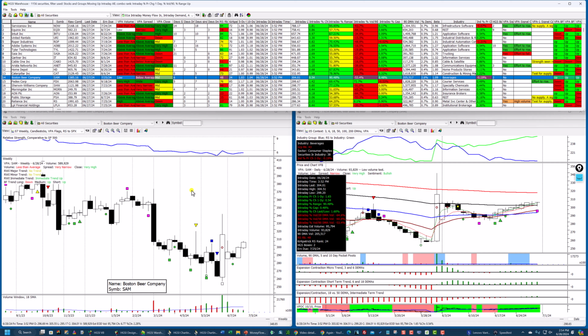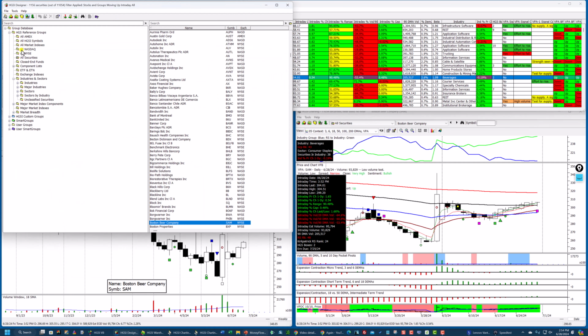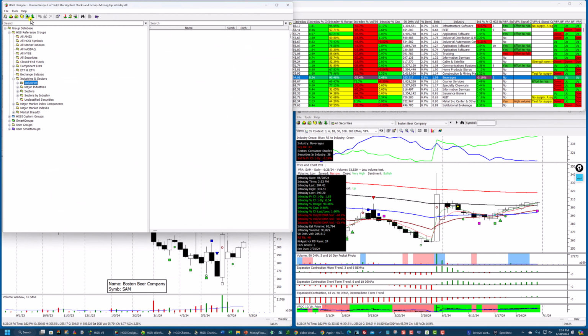There's only a few minutes left in the market day, about seven minutes. I'm just going to go in here and we'll see what the industries are doing today. I'm clicking on my tools menu, and I'm going to rebuild these. And then I'm going to talk about some of my intraday scans.